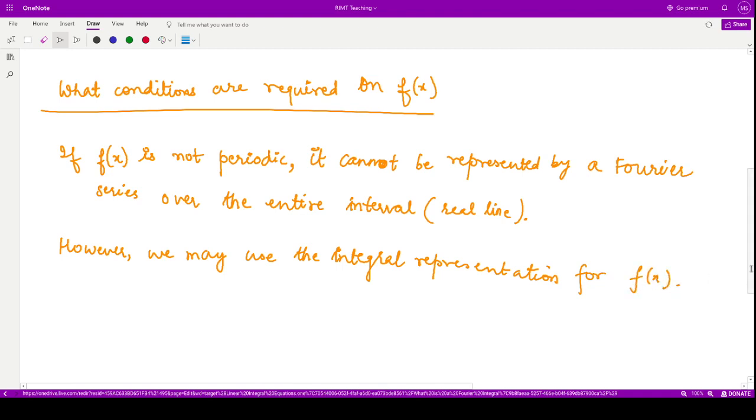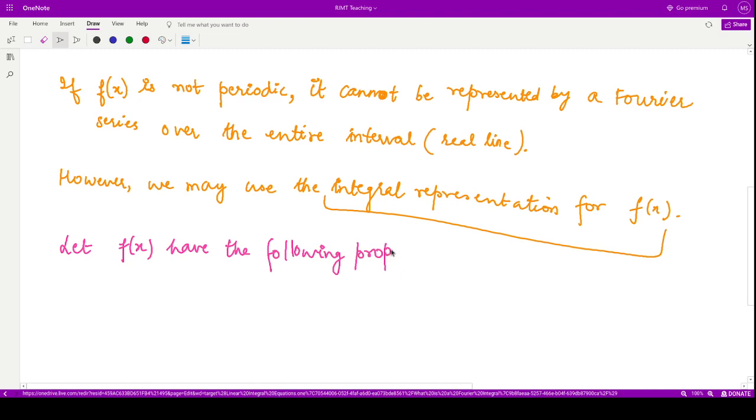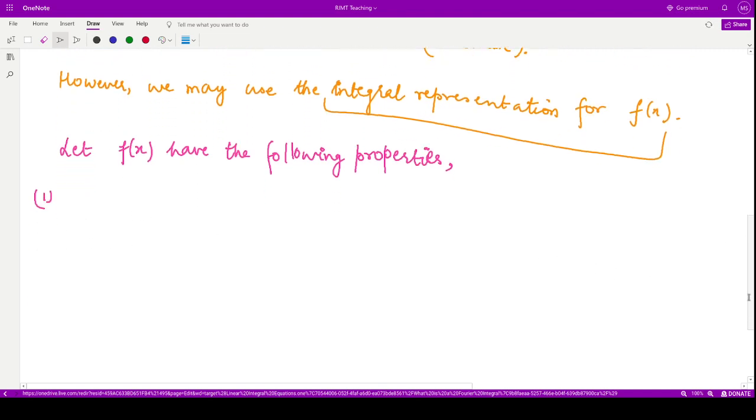So for writing this integral representation of the function f of x, what all things are required? The things that are required are that the function f of x has the following properties, then only I could define the integral representation for this particular function.